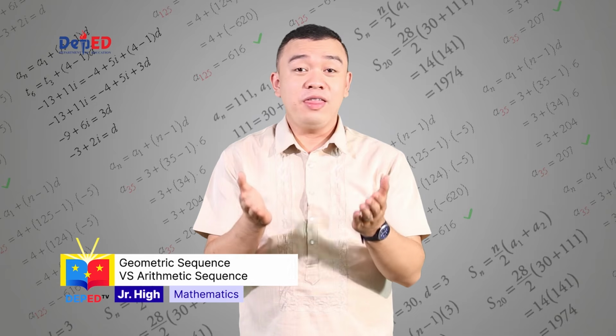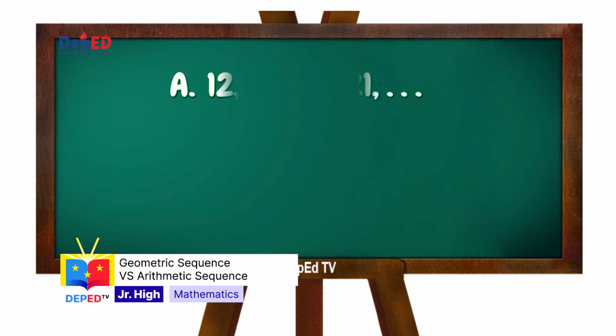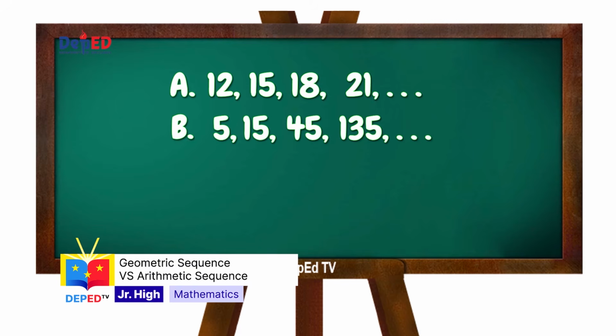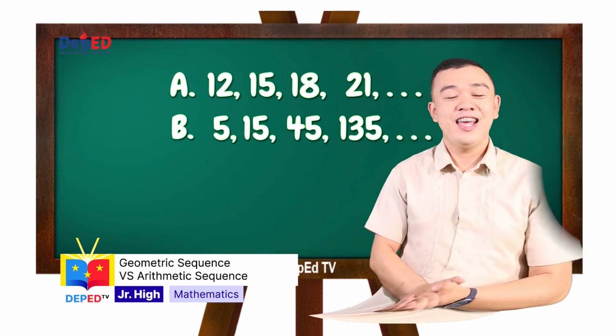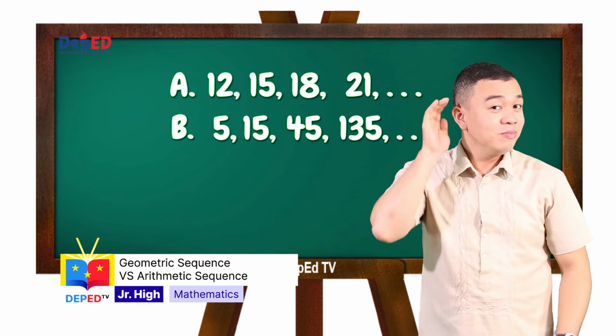Take a look at these sequences. For letter A, 12, 15, 18, 21, and so on. B, 5, 15, 45, 135, and so on. Which do you think is a geometric sequence?